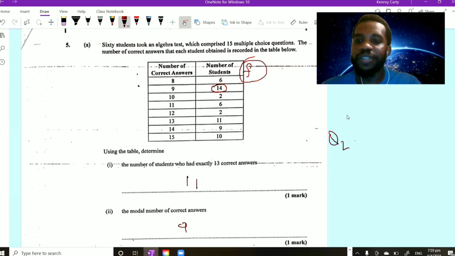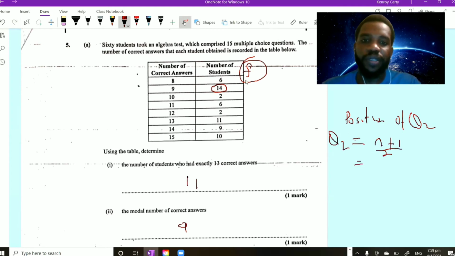There's a position that Q2 falls in. The position of Q2 is equal to (n plus 1) over 2. N is the number of scores you have, or the total frequency, which the question told you was 60. So it would be (60 plus 1) over 2, which is equal to 30.5.